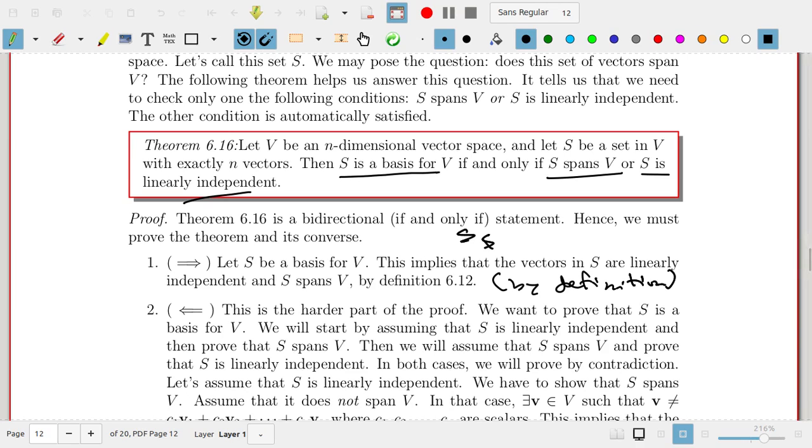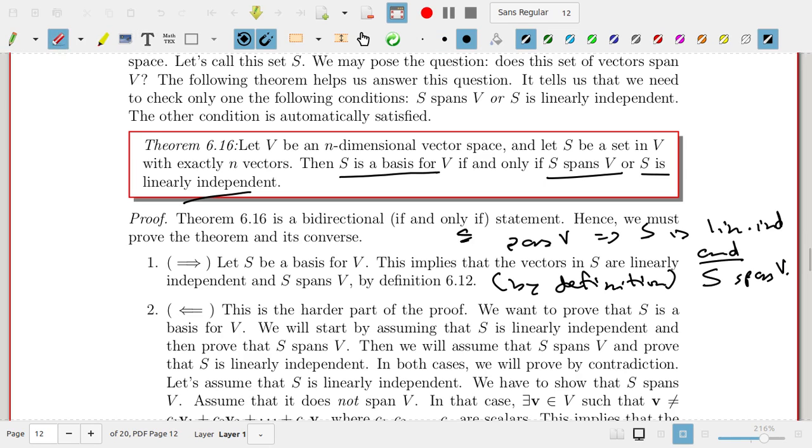That if S is a basis for V, then S is linearly independent and S spans V. Now notice that there's an "and" here, right?